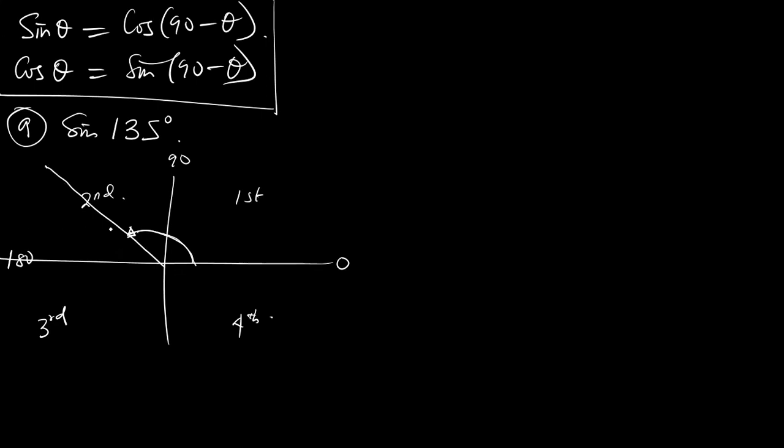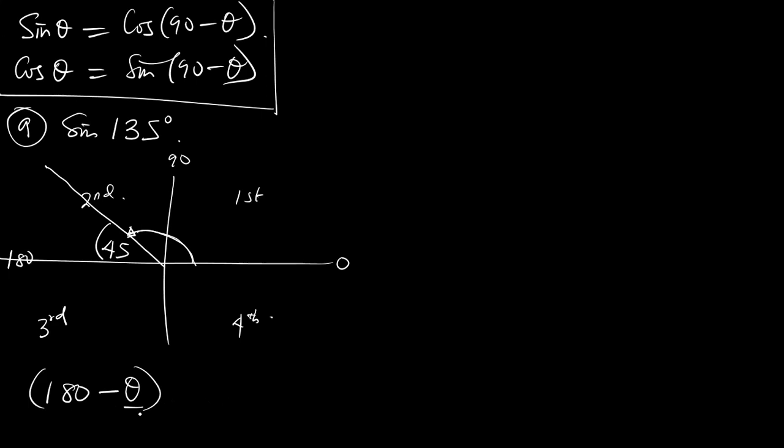Now, since it falls on the second quadrant, the reference angle, the way we do it, let's say the acute angle that is formed between this line and the x-axis, the negative x-axis, will be 45. How we got that is that at the second quadrant, you say 180 minus theta.